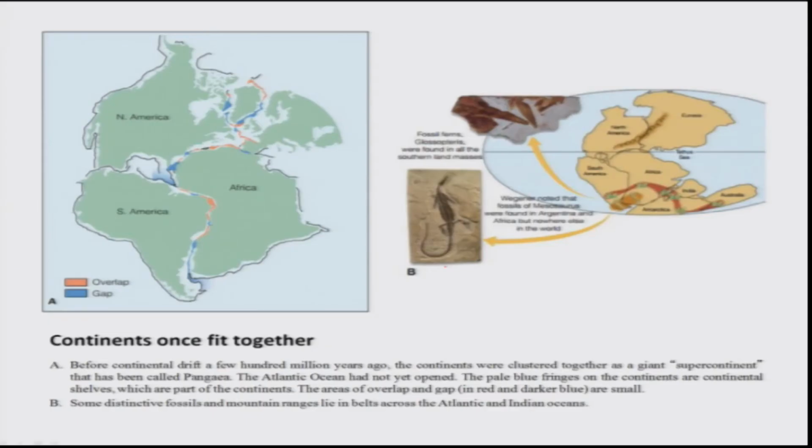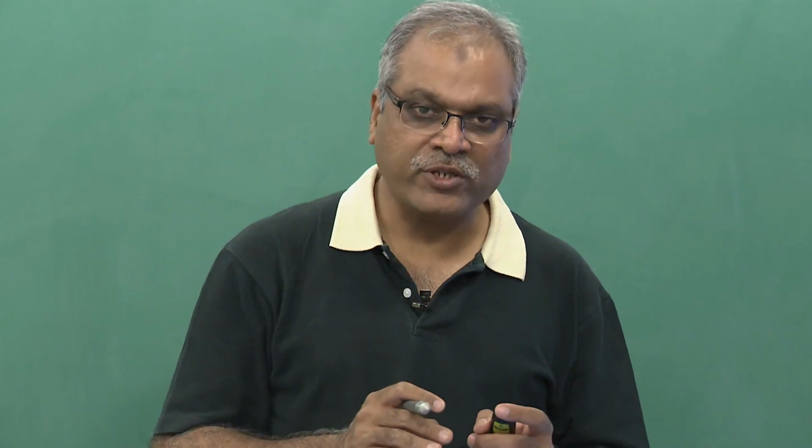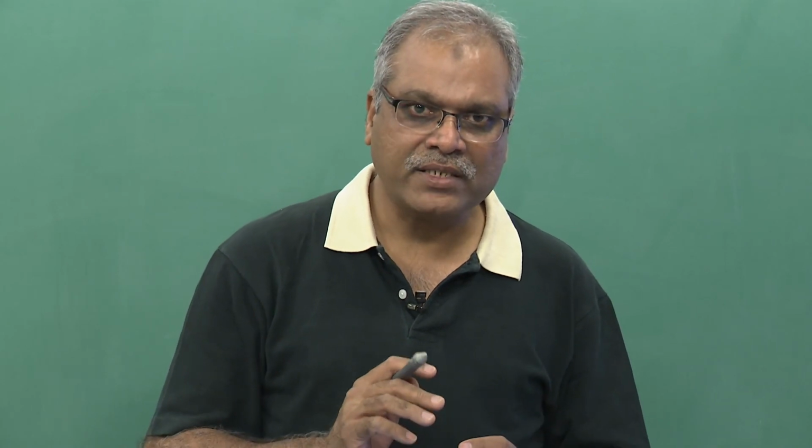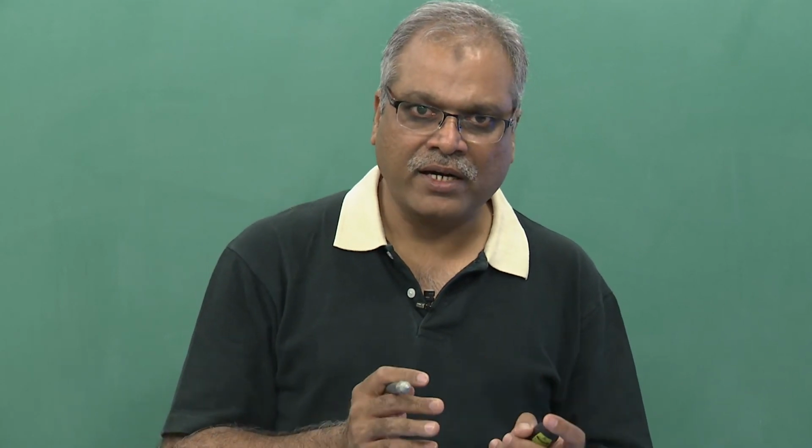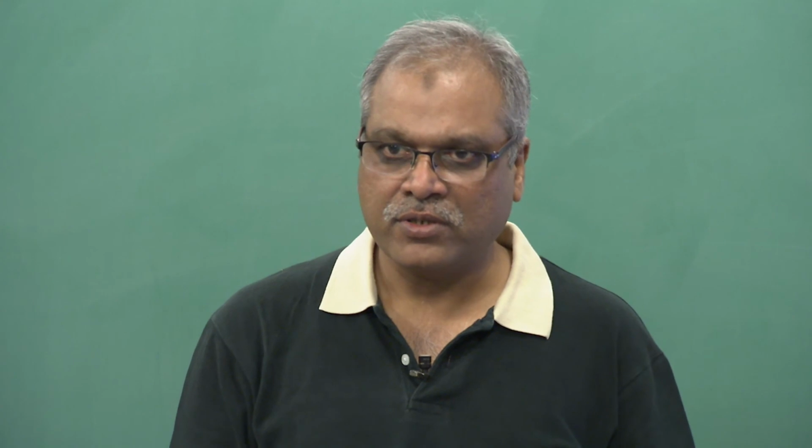Now, that was not all they studied. The geologists and paleontologists tried to look at it this way: if these continents were together, then they must have had almost similar climate, and hence the flora and fauna should be almost similar.